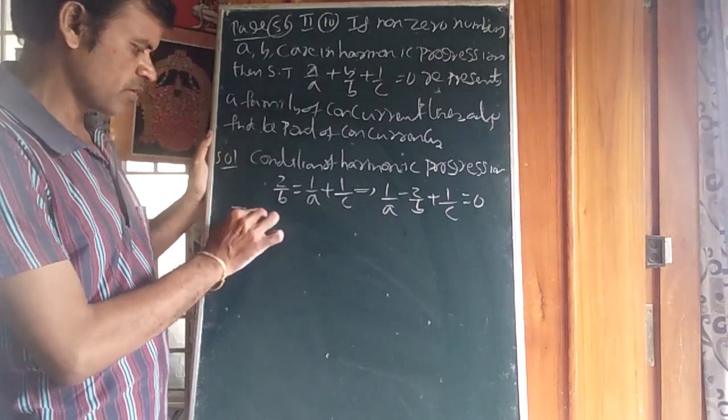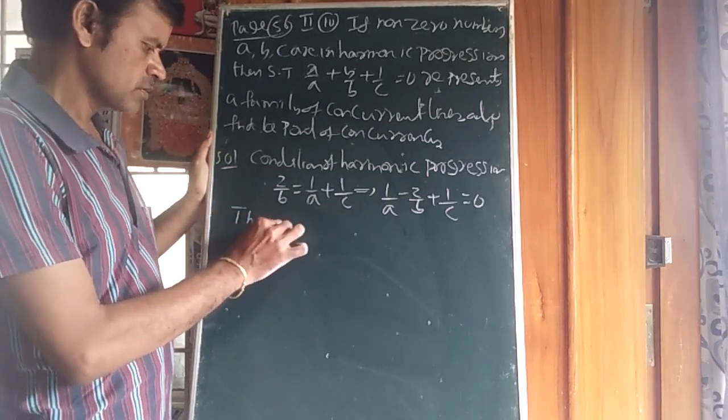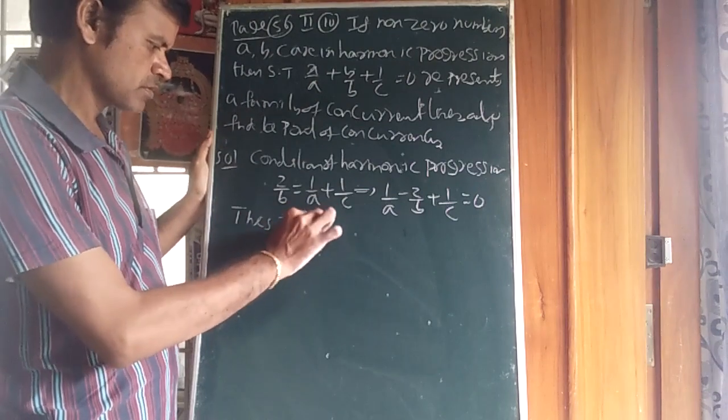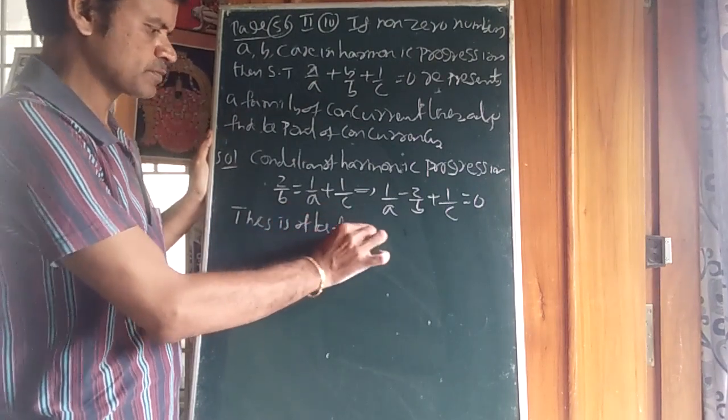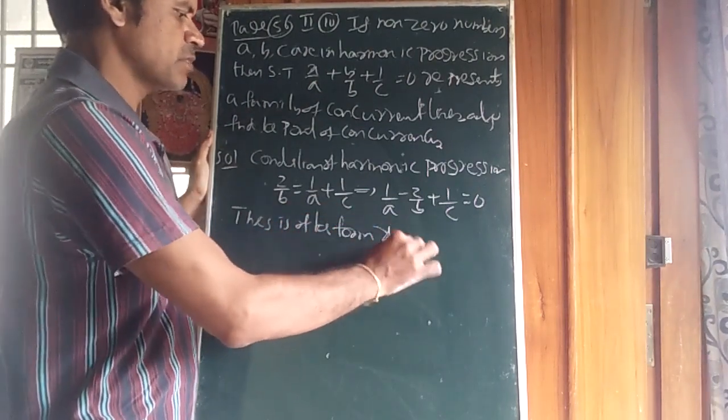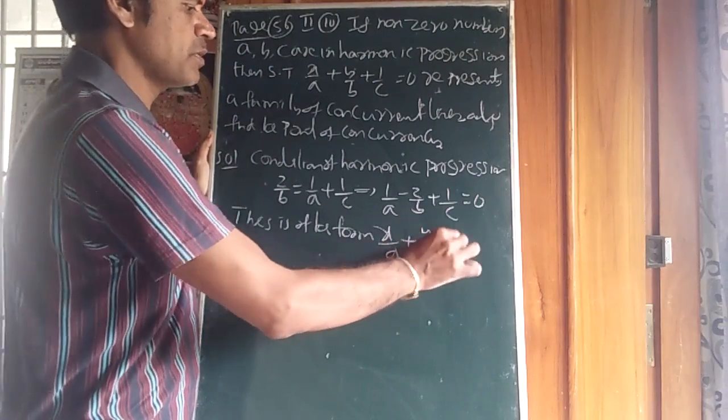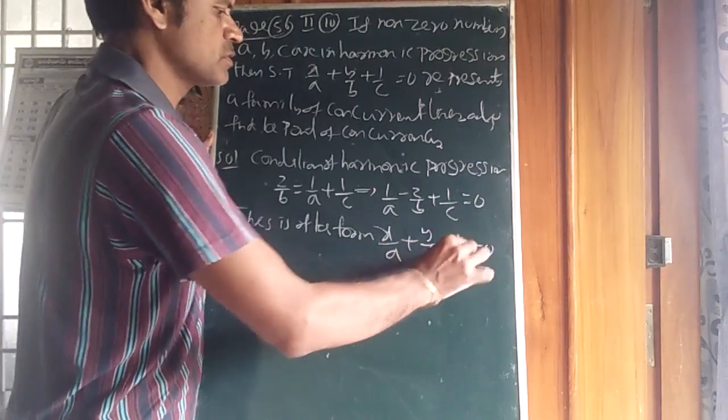This is of the form x/a + y/b + 1/c = 0.